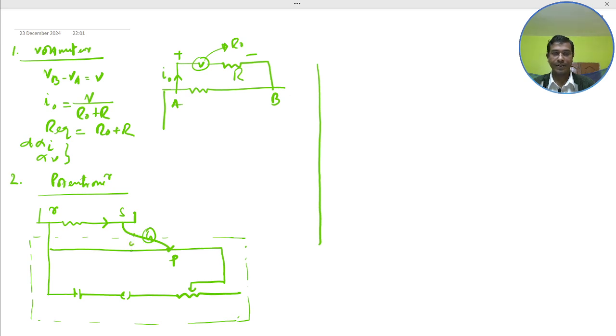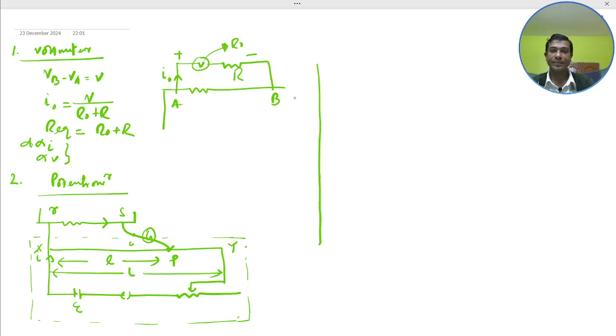This is point C, and this length is l, and capital L is the potentiometer wire length. This is the epsilon, the EMF. The current through it is I. So from this figure, this is the standard cell.